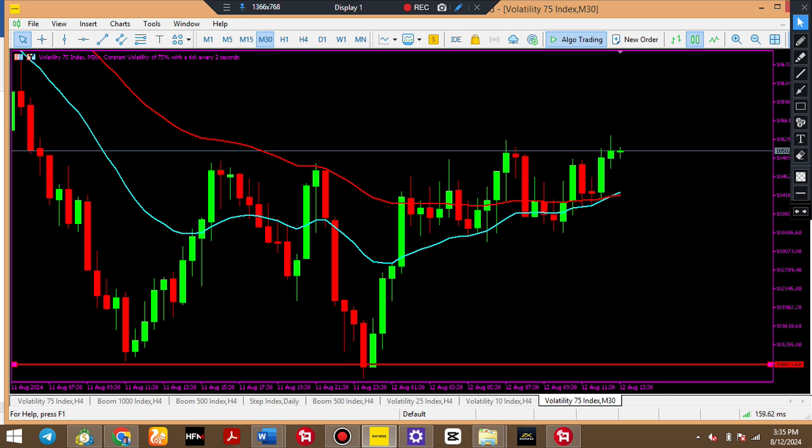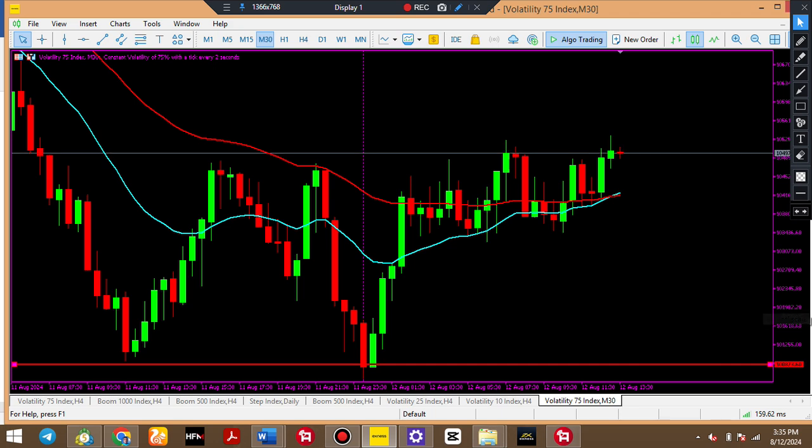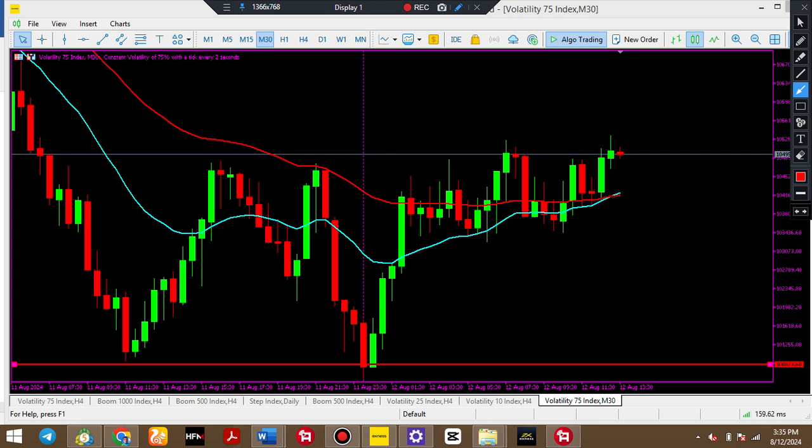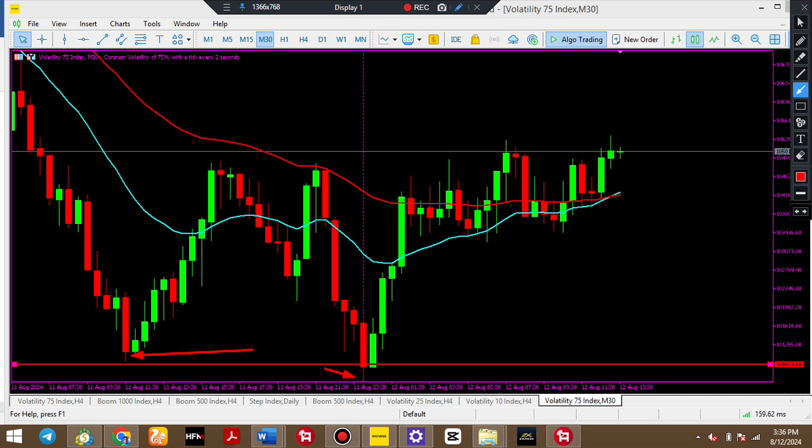For you to know, you can press Ctrl Y to split your chart. So as at yesterday, this was the lowest point price got to. This is it right here. Can you see? So for price to go below and close above, then start giving this move, it means liquidity has been taken out.